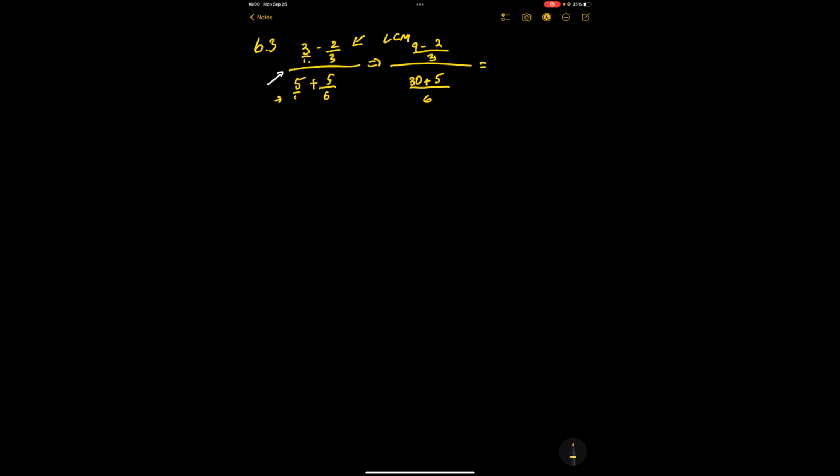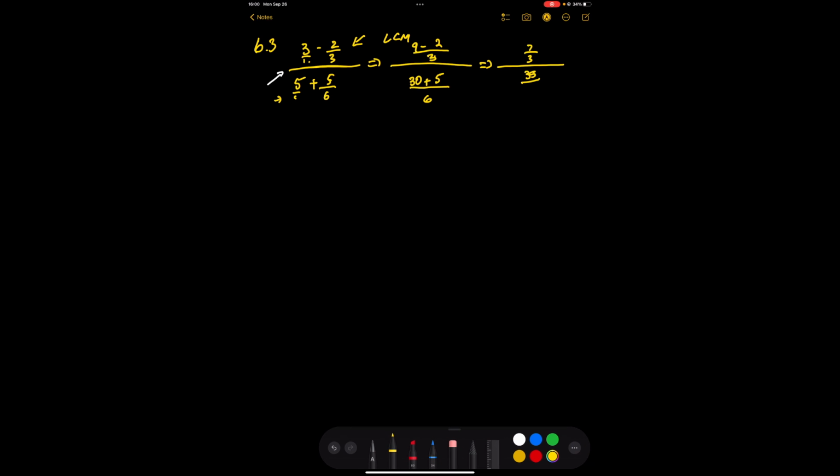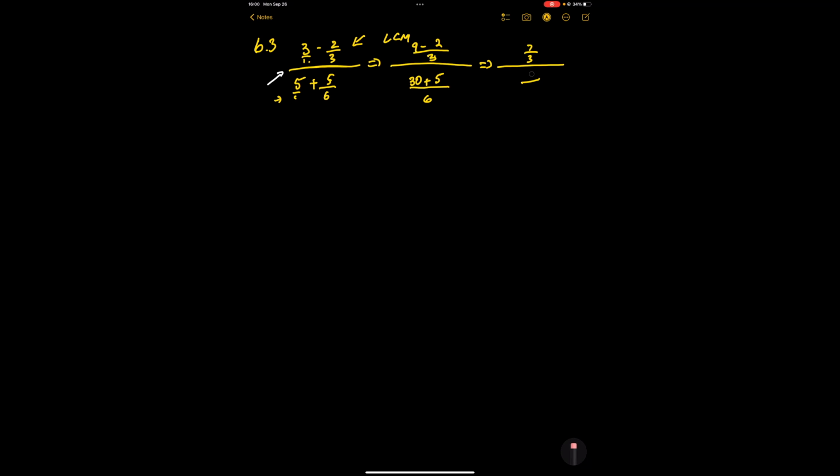So we have 9 minus 2 is 7 over 3, and 30 plus 5 is 35 over 6. Now we have 7/3 divided by 35/6.